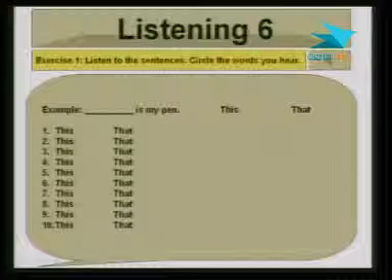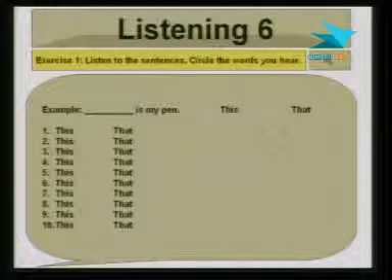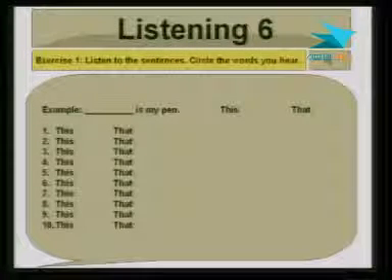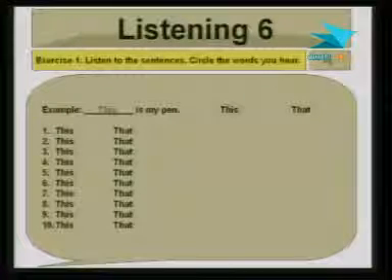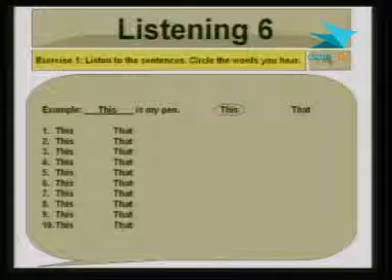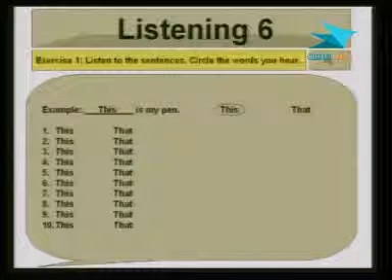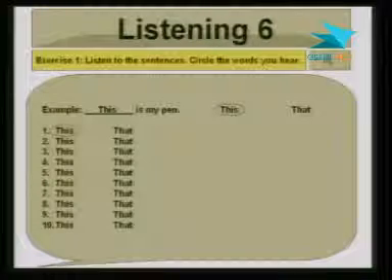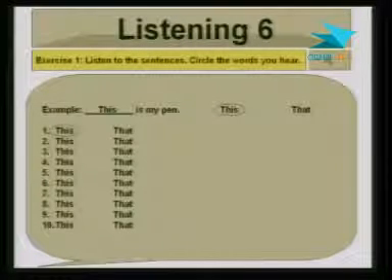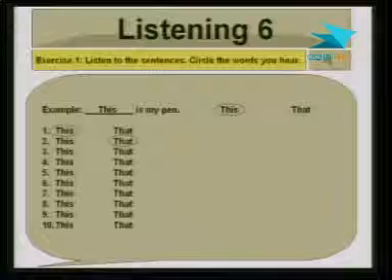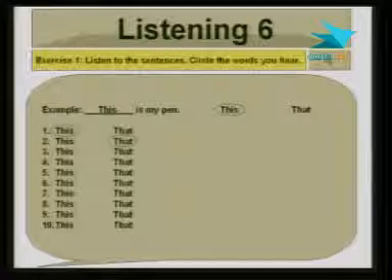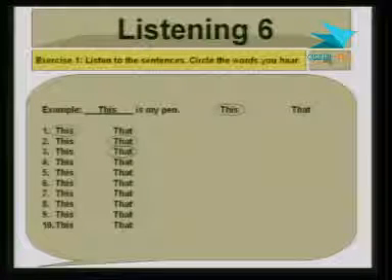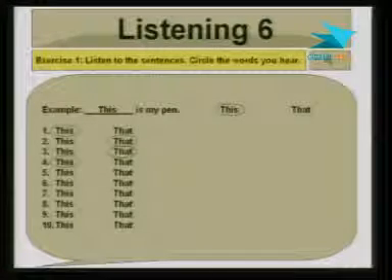Exercise 22, page 39. Listen to the sentences. Circle the words you hear. Example. This is my pen. This. 1. This is my grammar book. 2. That is your grammar book. 3. That's your wallet. 4. This is her purse. 5.